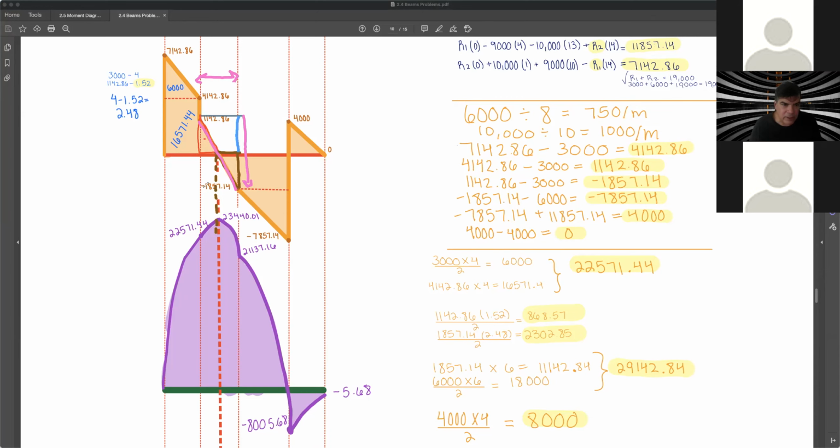And we also have this number, 1,857, that is this element. When we put them together, what number do we get? 3,000. Well, we have a triangle of 3,000 here and 4 there.